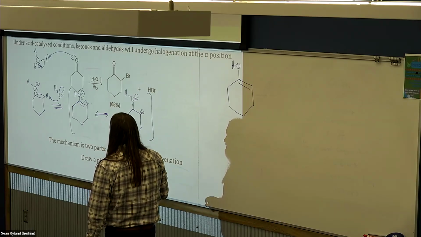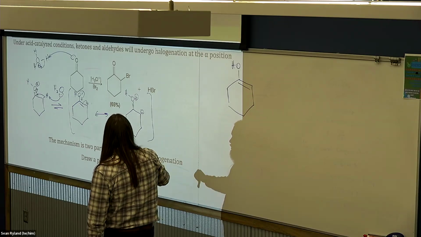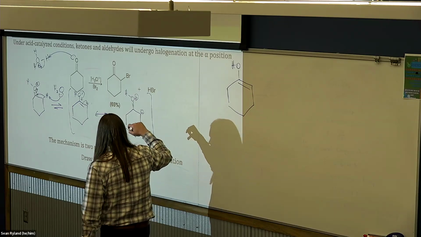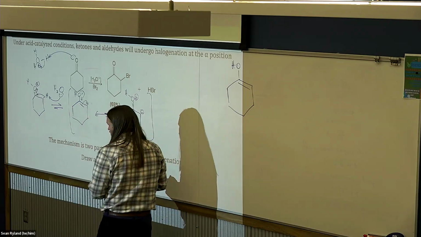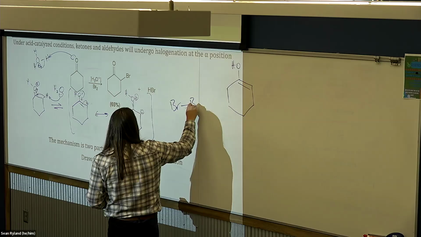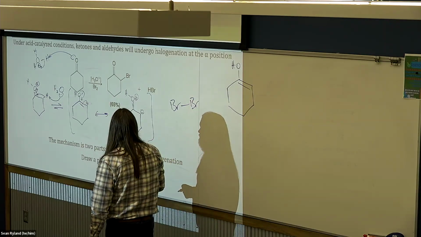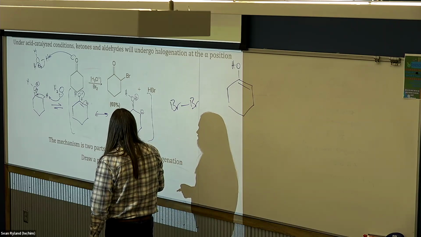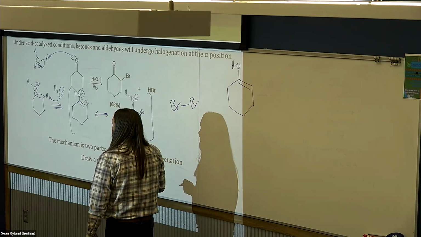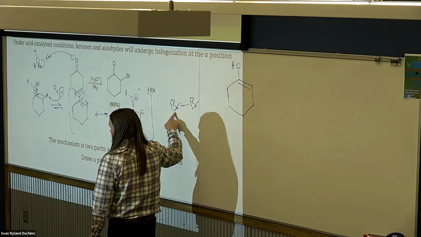What's the next step going to look like? We're trying to figure out how the bromination happens. That could be it, except that as it is, that would be if we had the bromine acting as a nucleophile.